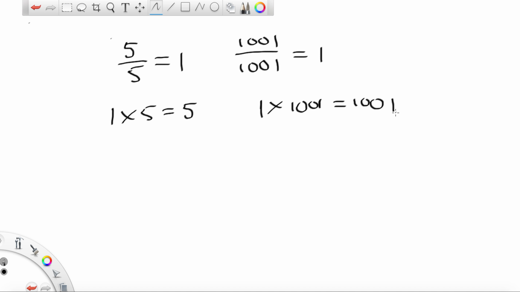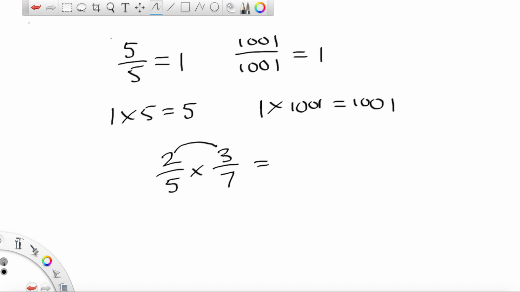Now, the third thing that will help you understand fractions is how to multiply them. And that's really easy. Look, if I've got 2/5 times 3/7, all I've got to do is multiply the top two numbers together.